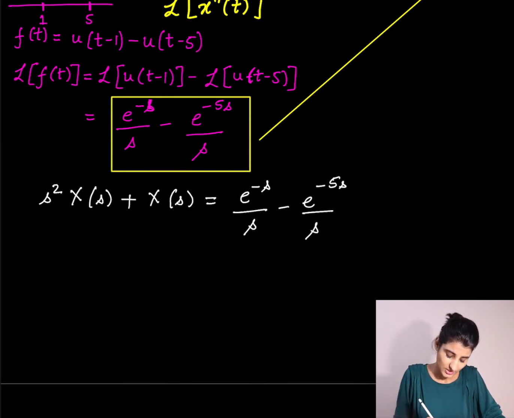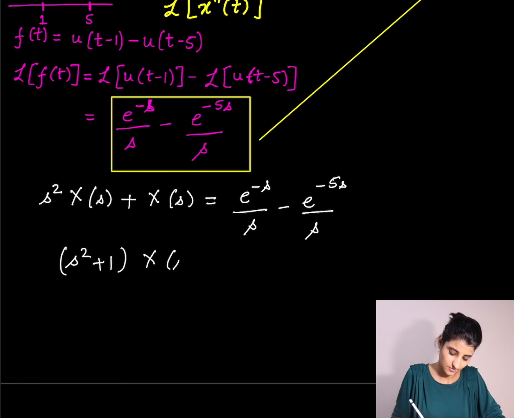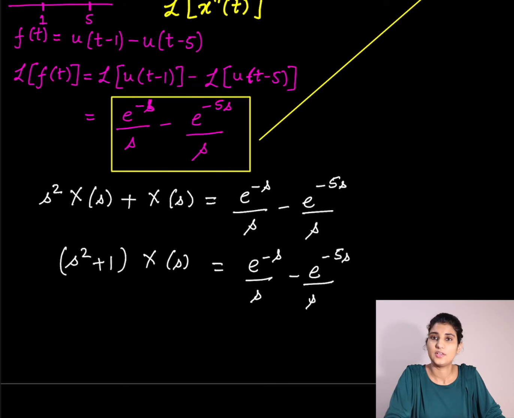If we pull out X(s), we'll have s squared plus 1 times X(s) equal to e to the power negative s divided by s minus e to the power negative 5s divided by s, right?